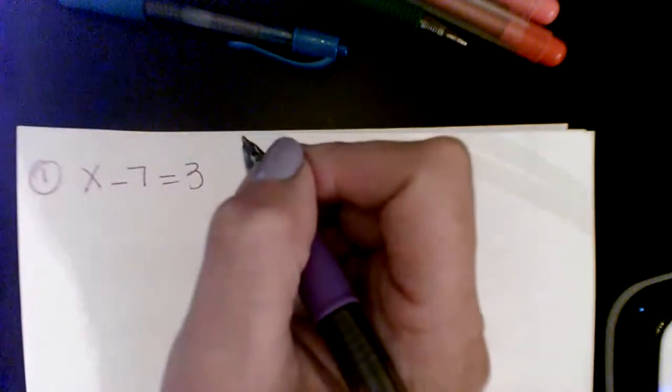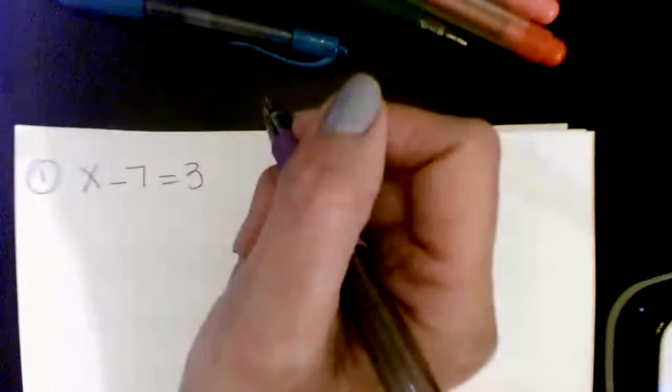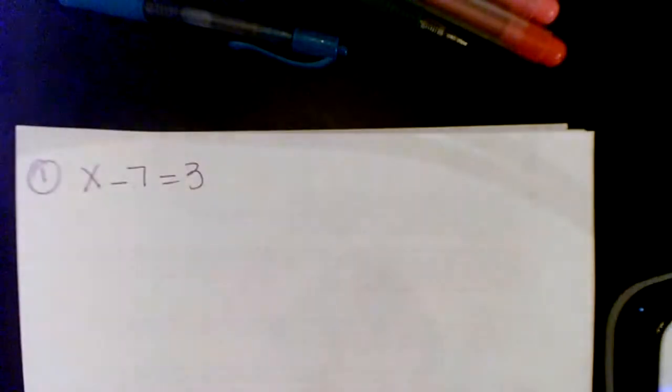The first one, x minus 7 equals 3. So they want us to identify if we need to multiply, add, or both. They want us to identify the inverse element needed. And we need to check our solution.